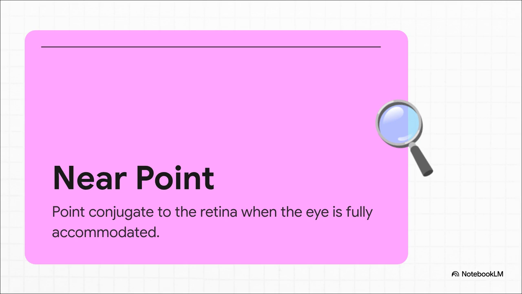Conversely, the near point is the point in space conjugate to the retina when the eye is fully accommodated. Here, that ciliary muscle is maximally contracted and the zonules are fully relaxed. So if the far point is a coma, the near point is a dead sprint. The lens bulges forward to exert its maximum converging power, and this represents the absolute closest boundary of clear vision.